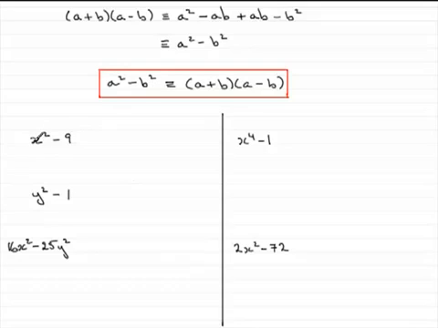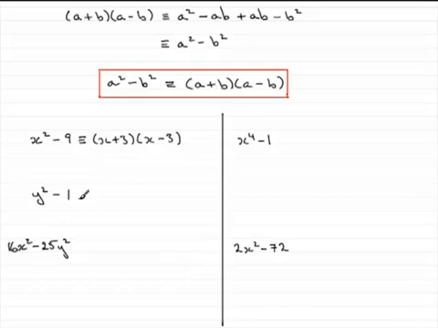This is the square of x, then this is the square of 3, and we've got a minus sign between them. So this is going to be identical, according to this pattern structure, to x plus 3 multiplied by x minus 3. You could write x minus 3 times x plus 3, it wouldn't matter, you'd get the same result.